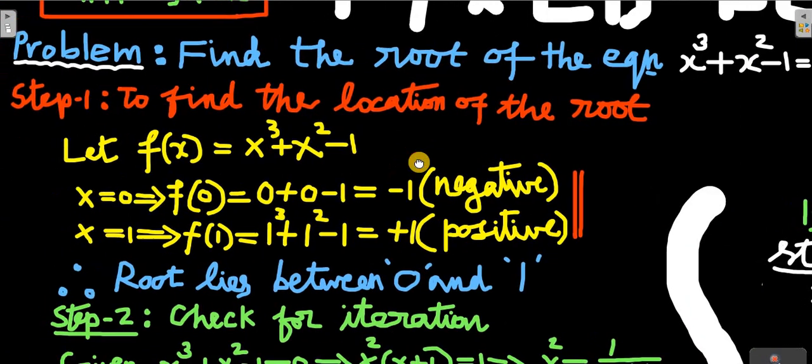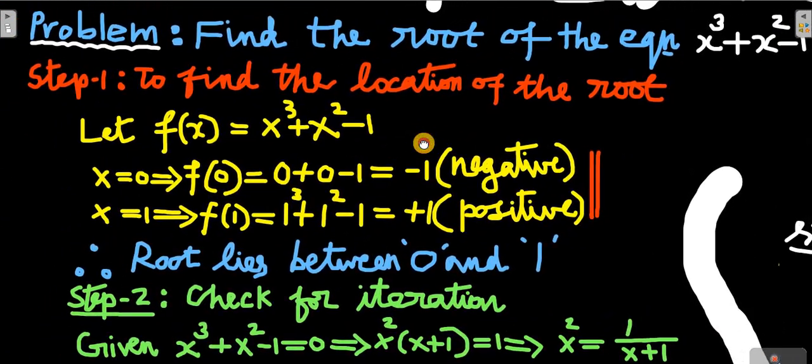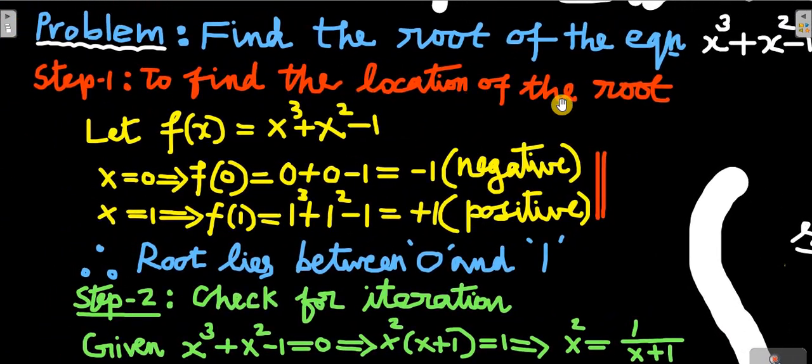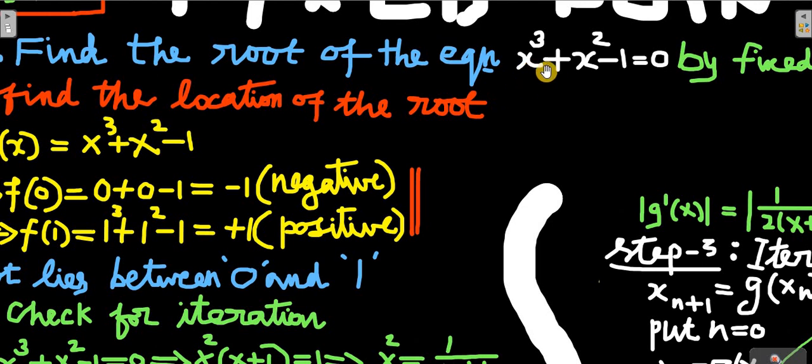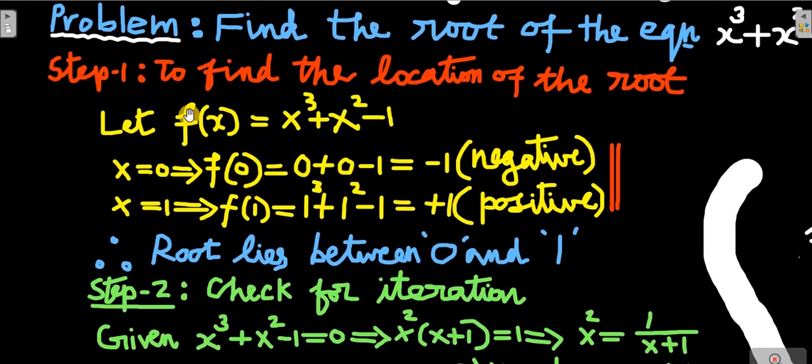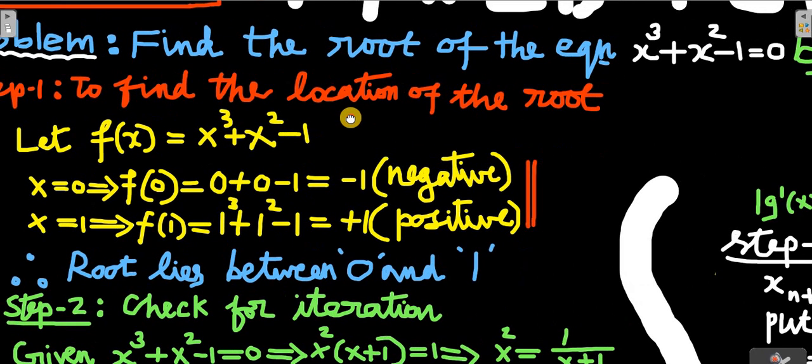Now the first step in this method is to find the location of the root. So the given equation x cubed plus x squared minus 1 equals 0, we are writing as a polynomial f of x equals x cubed plus x squared minus 1.